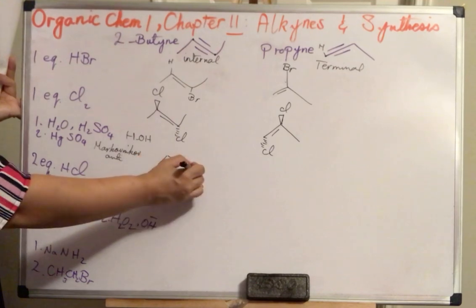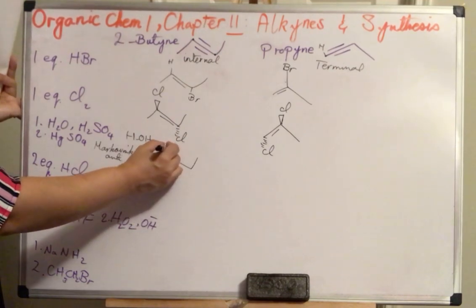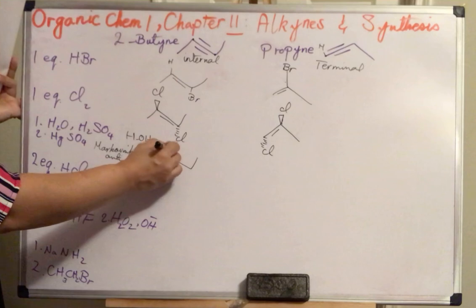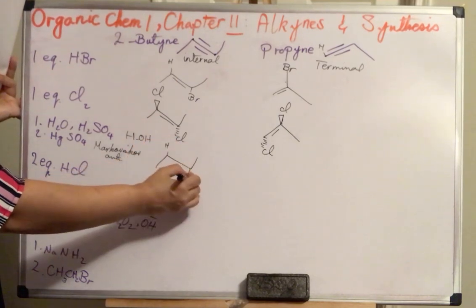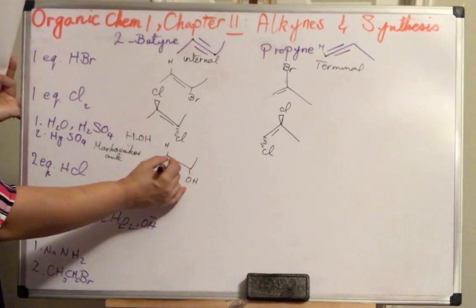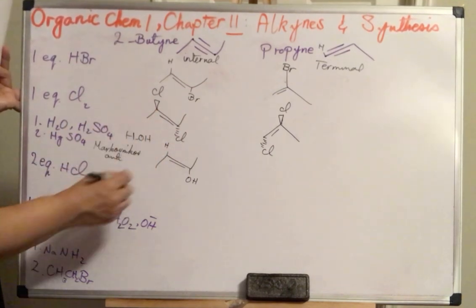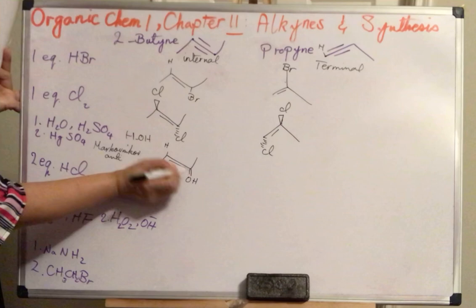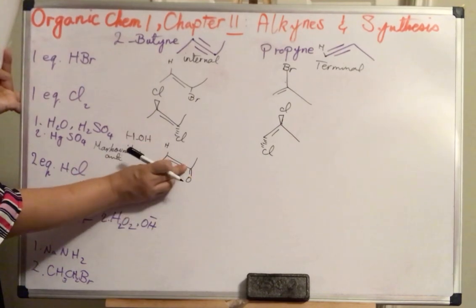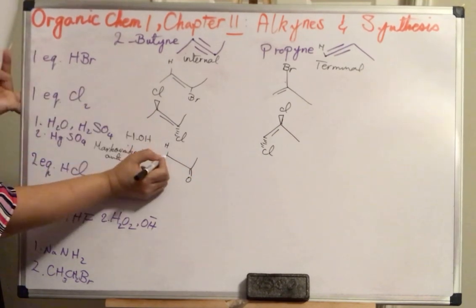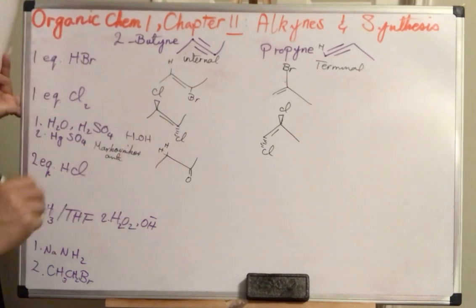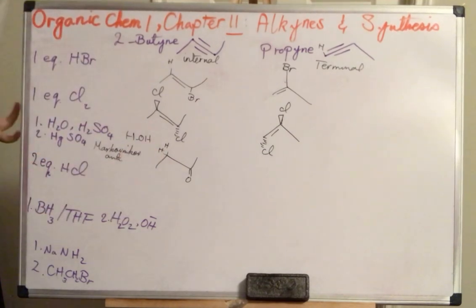So you can say H attaches to this carbon and OH attaches to this carbon, and there's a double bond. And now keto-enol tautomerization happens. Double bond forms here, H disappears, double bond disappears, and H comes here. So this is what happens for this compound.